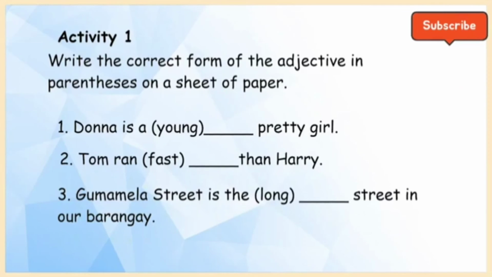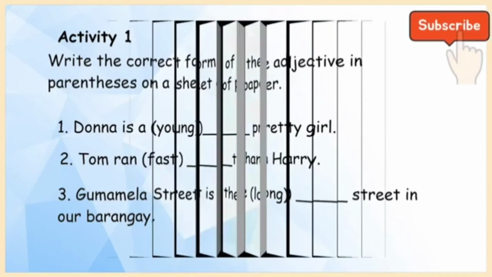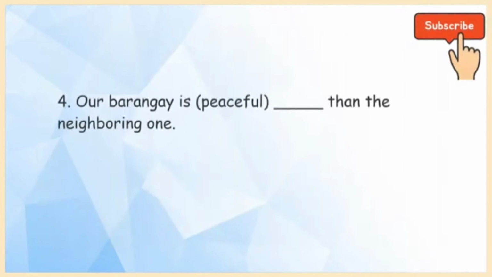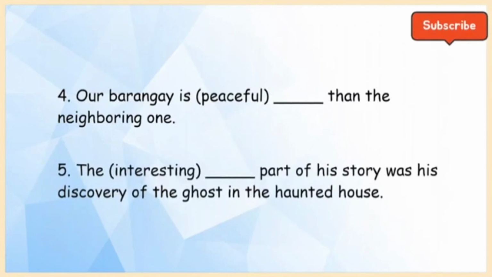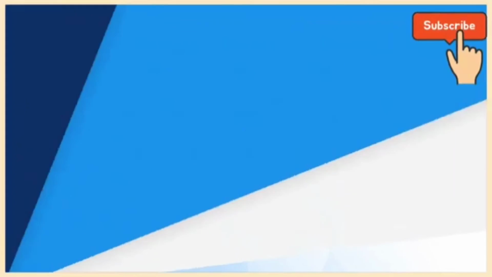Gumamel Street is the blank street in our barangay. 4. Our barangay is blank than the neighborhood. 5. The blank part of his story was his discovery of the ghost in the haunted house.